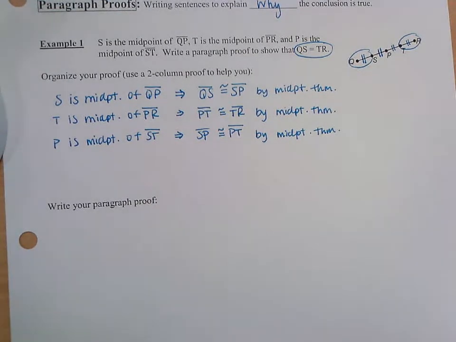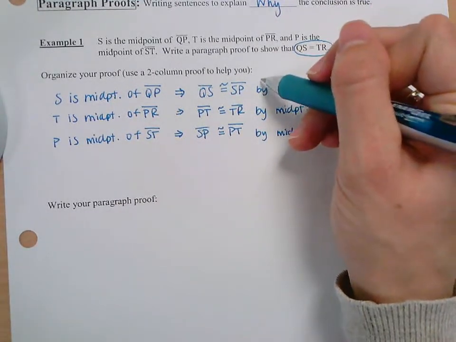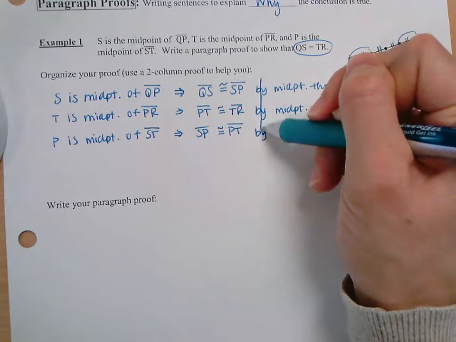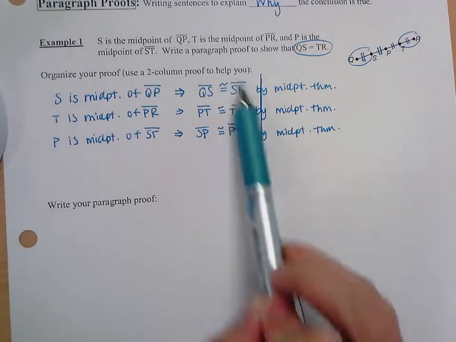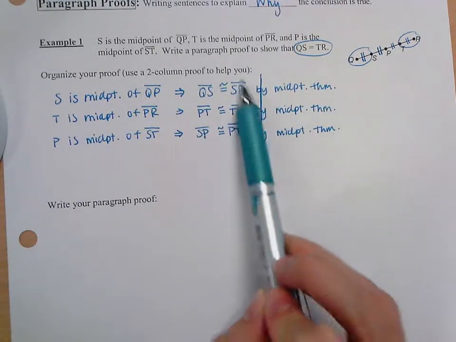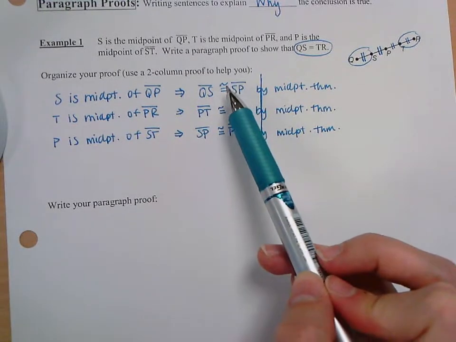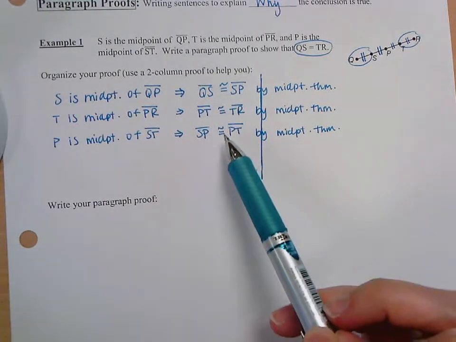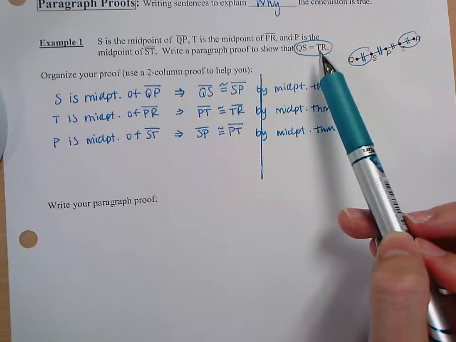Using reasoning with my picture, I know that they're the same, but I now have to use those properties to show why. And again, this is like my 2-column proof. Right now where I have this by written here, this is where you would have your line. Here are my statements, here are my reasons. I know these things are true by midpoint theorem. Now I have to look at these statements and figure out a way to get to this conclusion.